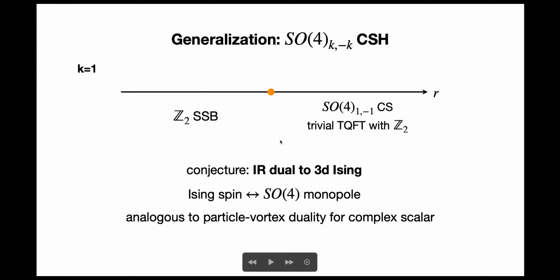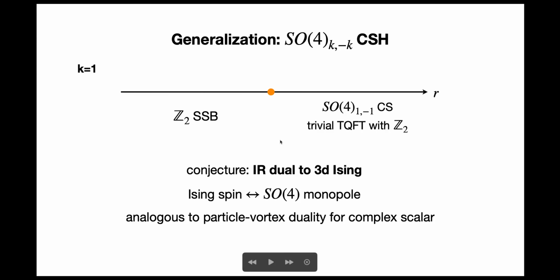So the conjecture is that this gauge theory will be IR dual to the 3D Ising theory. We're saying that this Ising transition will be due to these SO(4) monopoles. It's pretty much analogous to the U(1) case, where there's a famous particle-vortex duality.